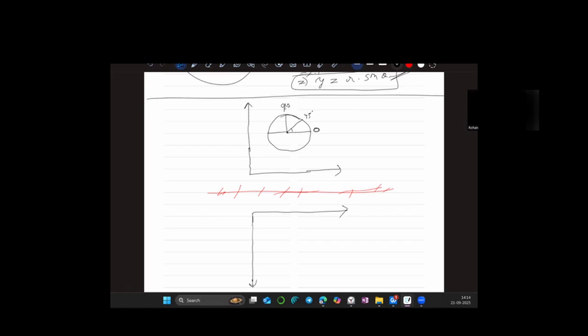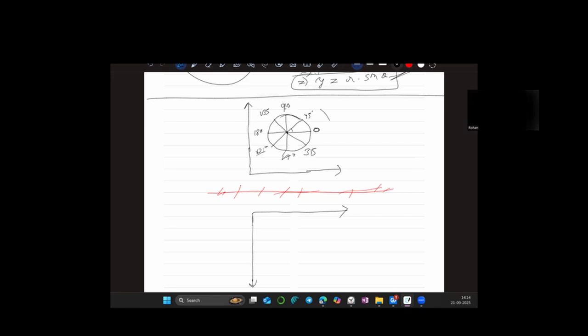Another, this is going to be 180. This is going to be 270. So 90, 45, 135. Another circle here. 180 plus 45 is 225. And 270 plus 45 is 315. So these are the 8 points where we are going to do this.